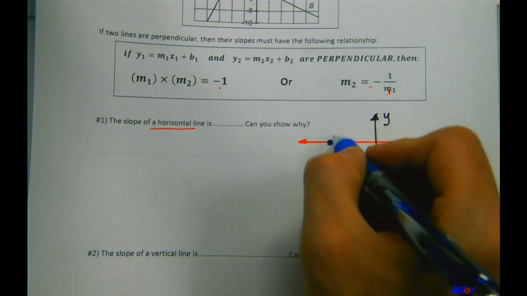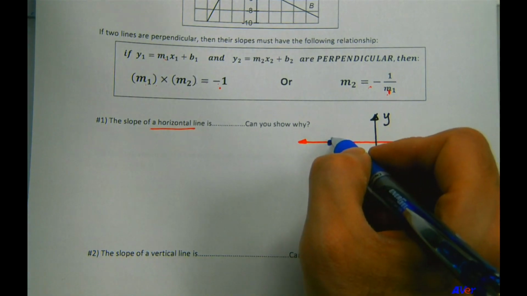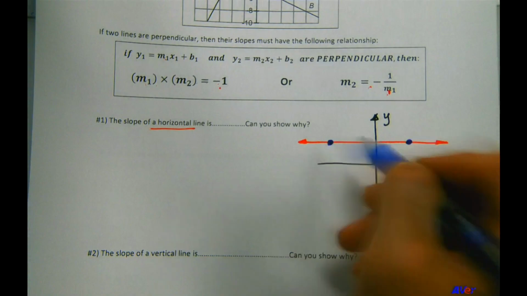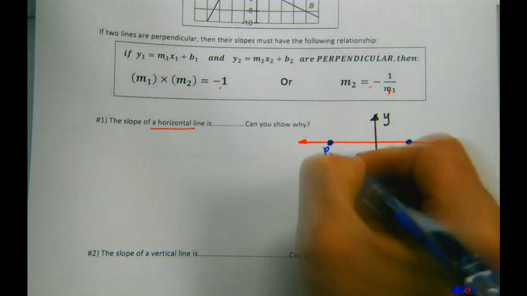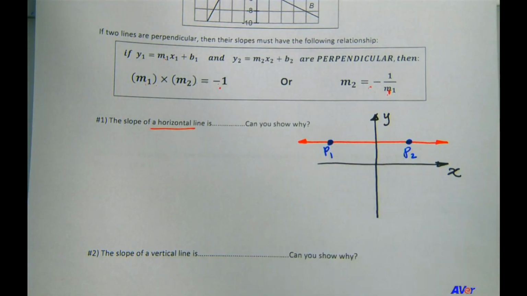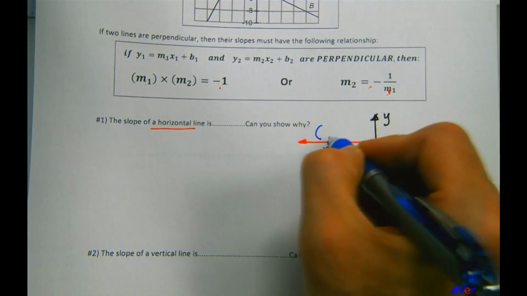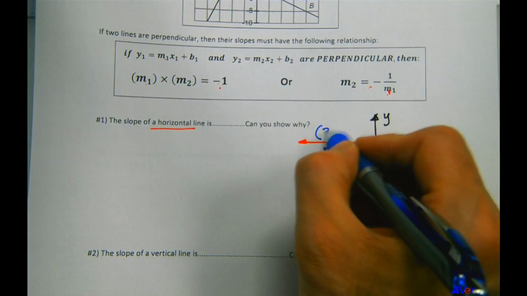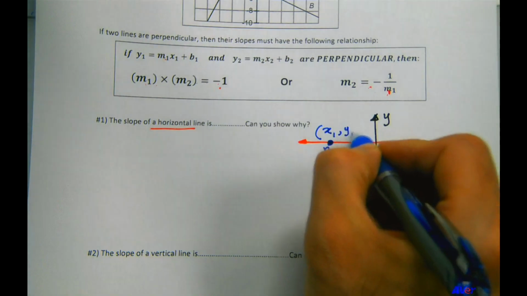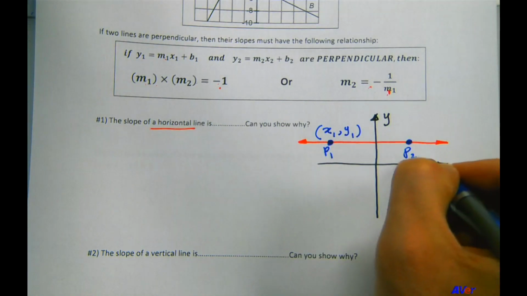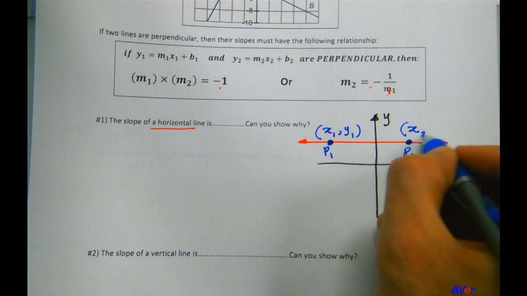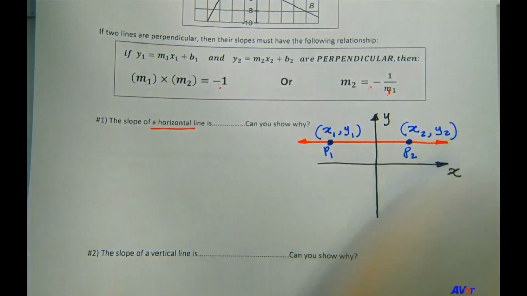Now let's write down a general coordinate for each point. So let's call this point 1, point 2. The coordinates of point 1 in general would be x1, y1, and the coordinates of point 2 would be x2, y2.